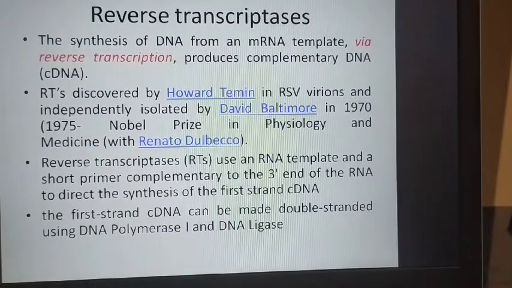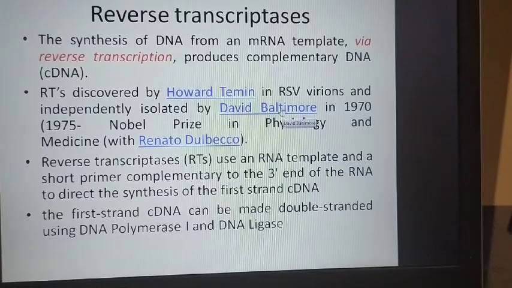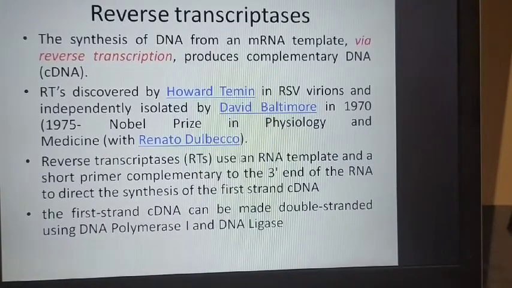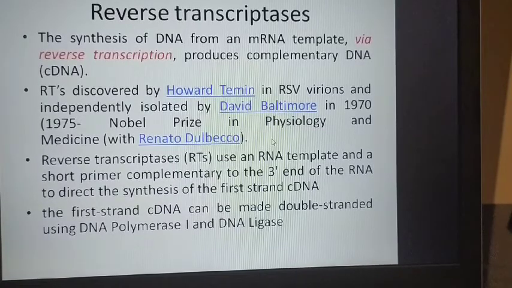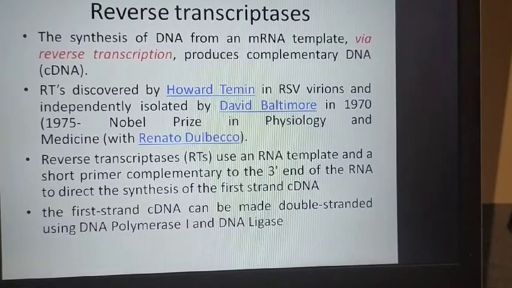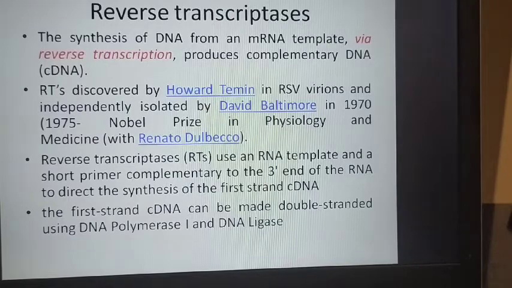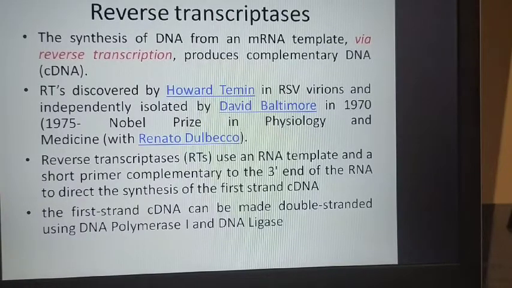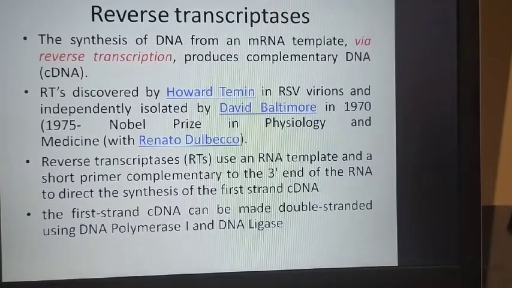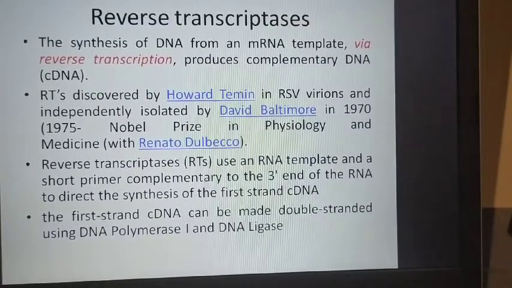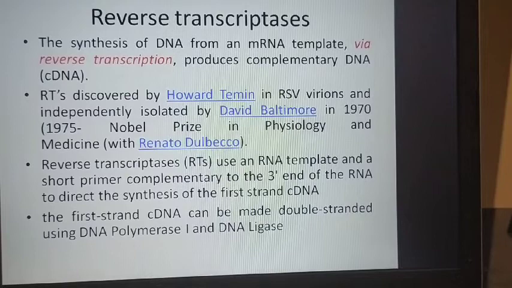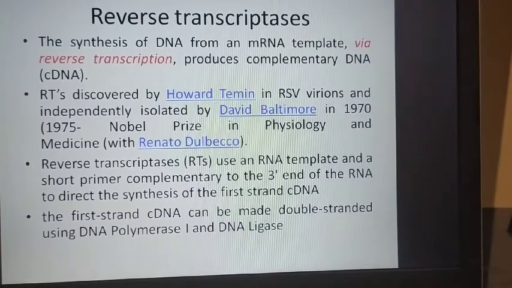So here reverse transcriptase can be of help in this context, because if you collect cellular mRNAs, they are actually transcription products of a particular gene. So from this mRNA, if you are able to synthesize a complementary DNA, then you are getting a counterpart of a gene which is having only coding regions.